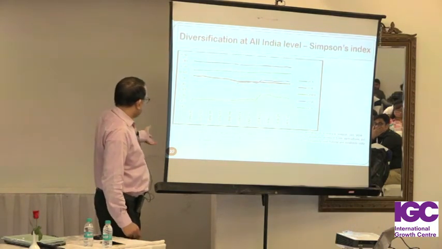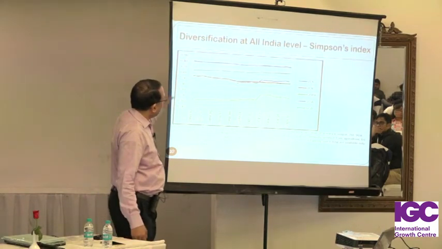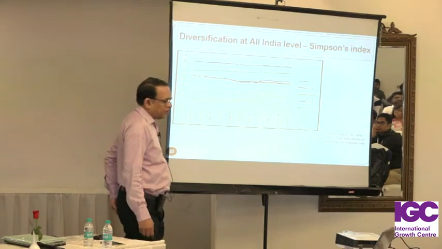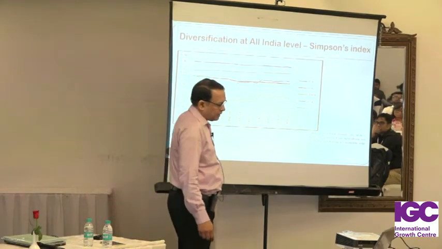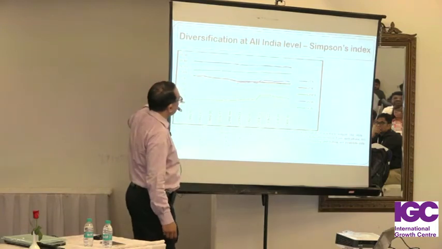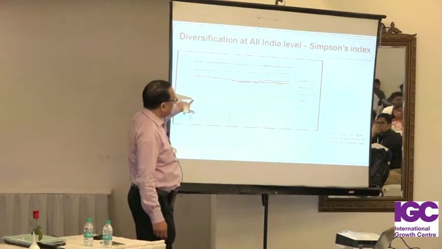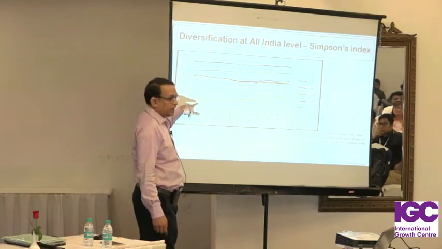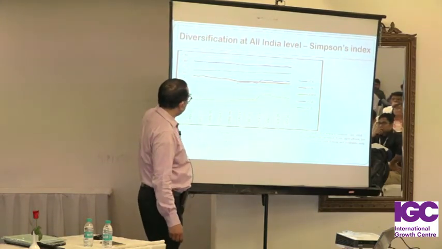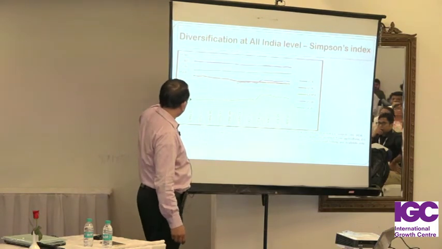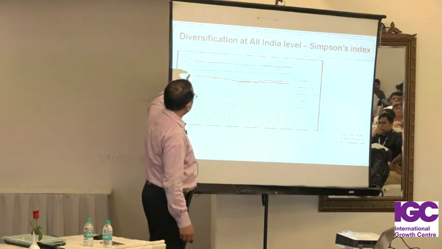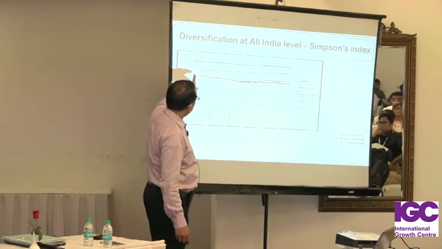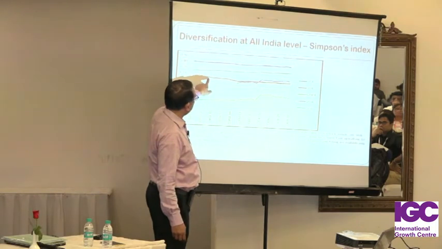This is coming from a different study. Here you will find that the values for output from crops are all different. If you look at the gross domestic product from agriculture, it shows a very narrow level of diversification, whereas this is the value of output from livestock.